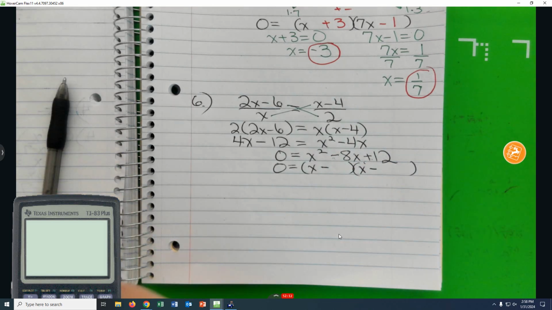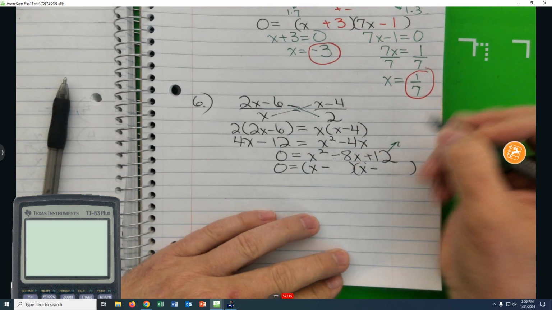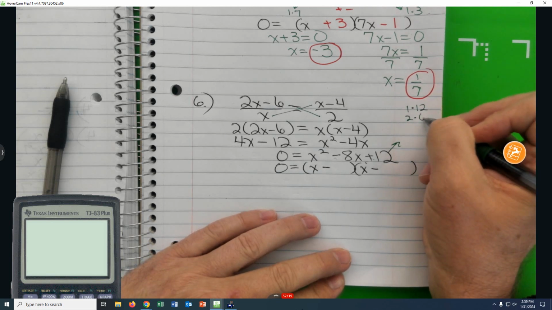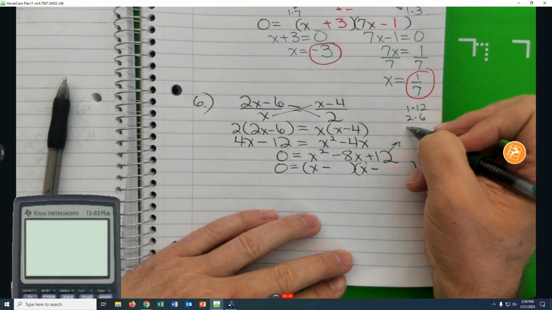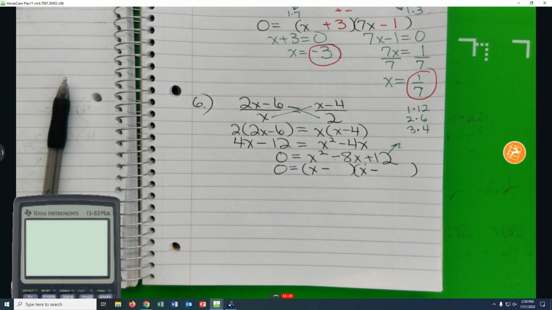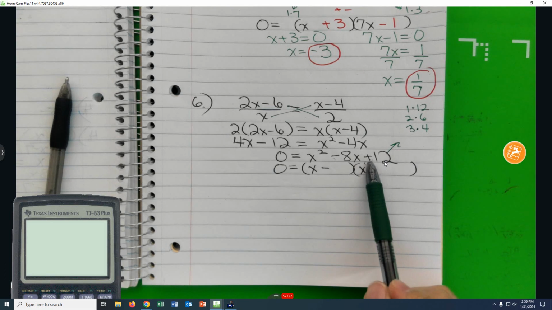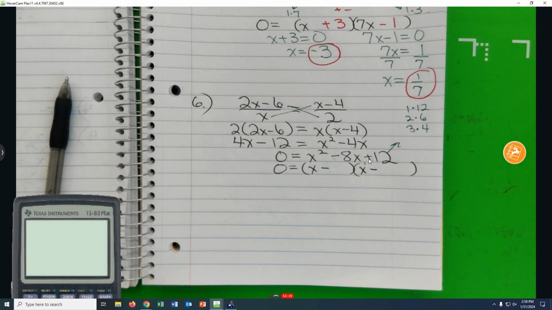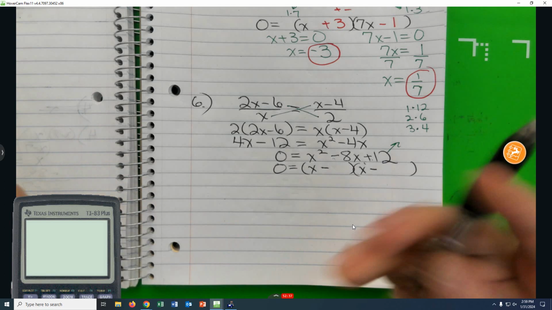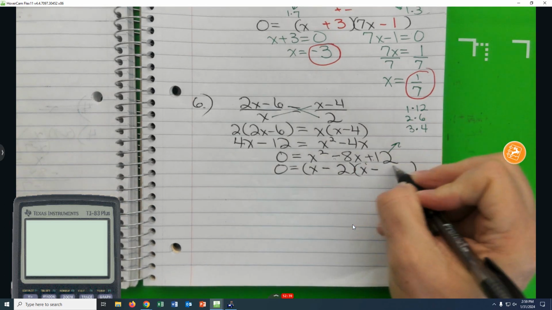Now 12. 1 times 12, or 2 times 6. There's another one, 3 times 4. We want the pair that adds to give us what number? 8. Which pair adds up to give you 8? 2 and 6. The simple trinomials are simpler to factor.